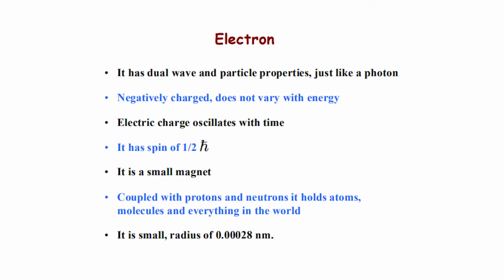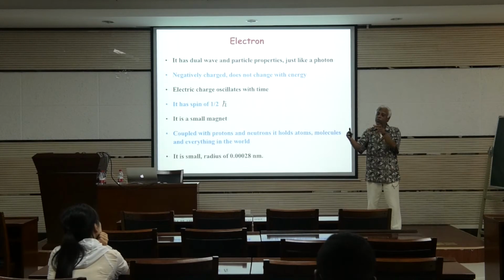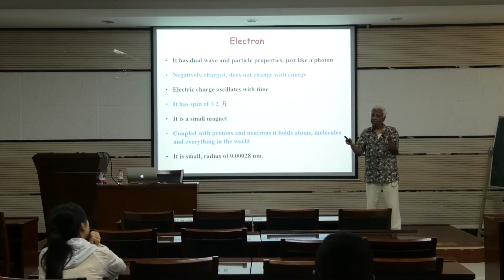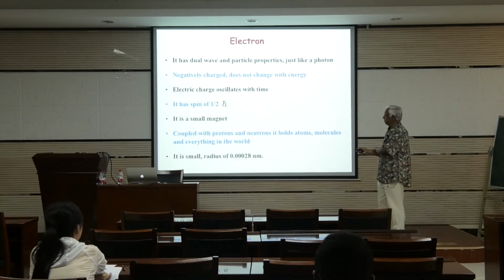When the photon hits something, it can behave like a particle or it can behave like a wave. Electrons also can be like a wave, and also can be like a particle. So when the photon comes and hits the electrons, both can act like a wave or both can act like a particle depending upon where the electrons are.